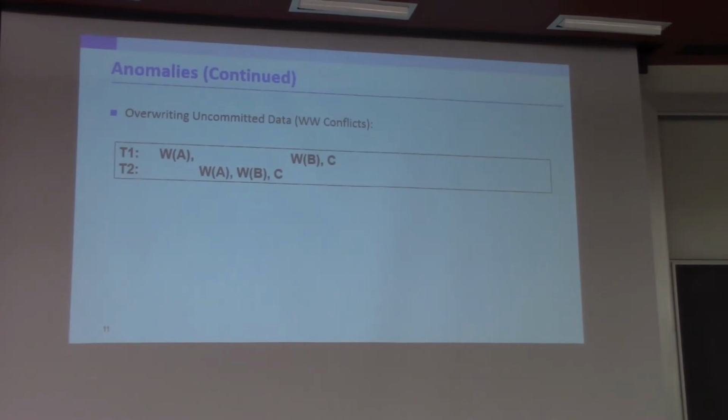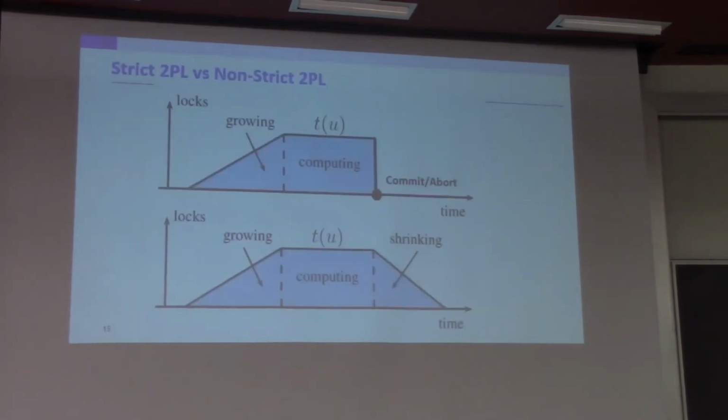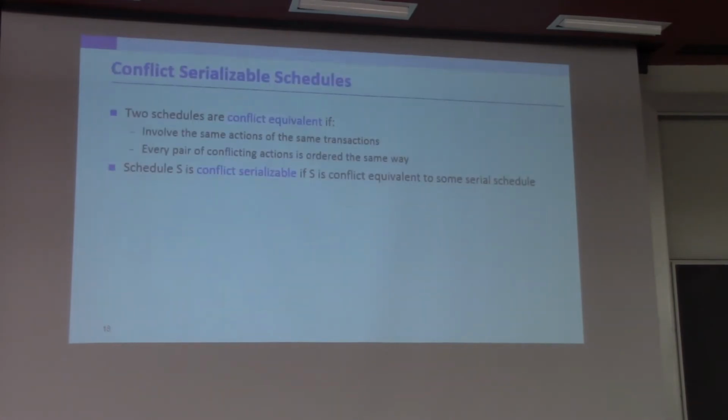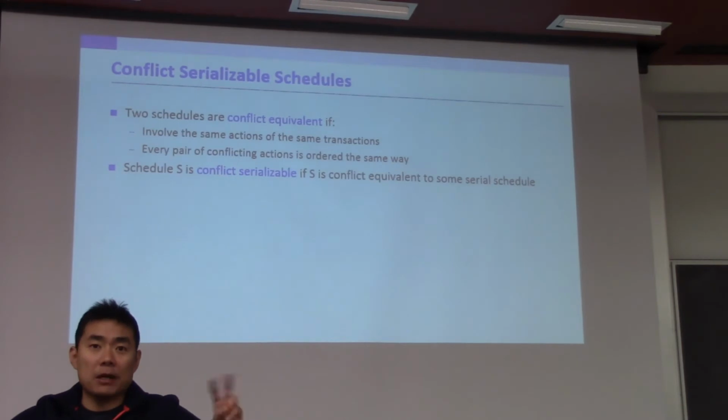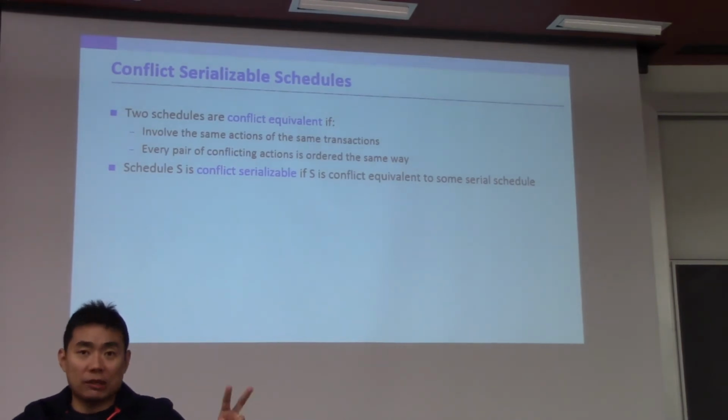Of course, they all refer to actions from different transactions. Actions from the same transaction never conflict with each other. So conflict equivalence basically says you have two schedules involving the same set of actions from the same set of transactions. That's requirement number one. Requirement number two, you identify all potentially conflicting pairs of actions from any two transactions.